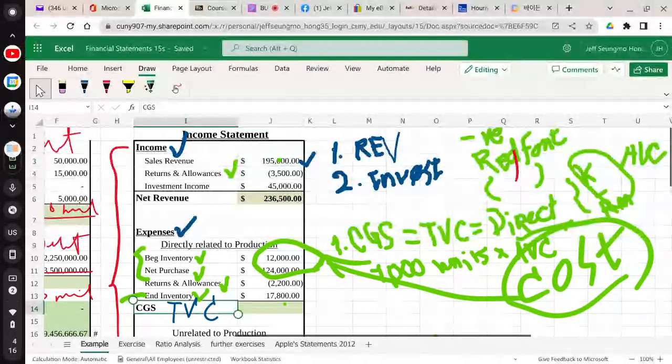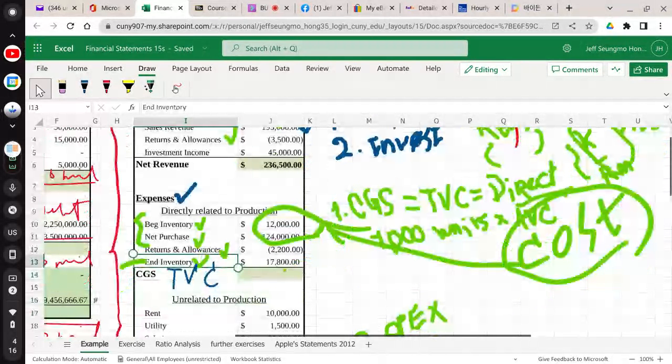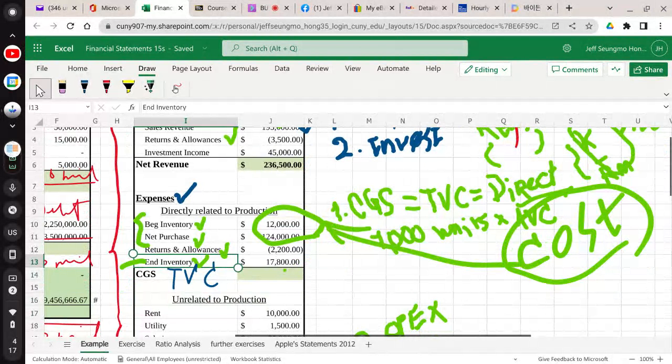After returns, after GAS, then CGS must come. That's the sequence of what happens and how that happens. You cannot have ending inventory before CGS. Isn't that right? That's how it happens chronologically.